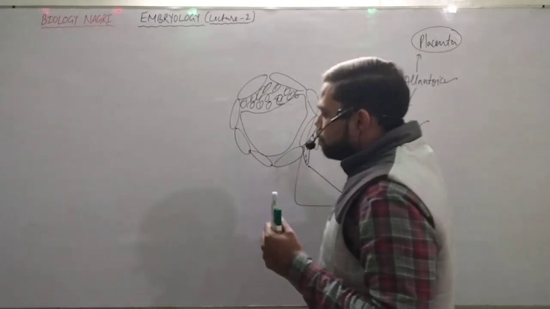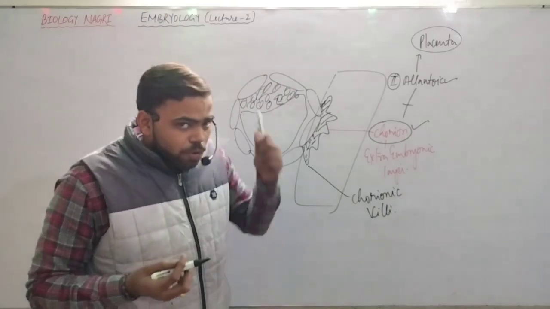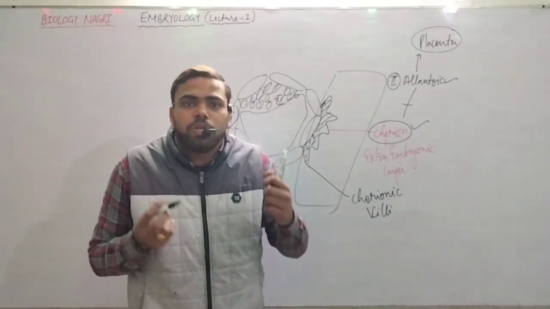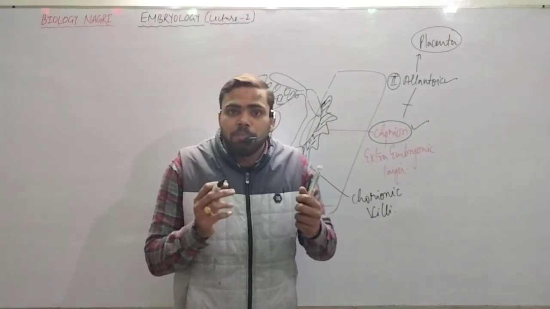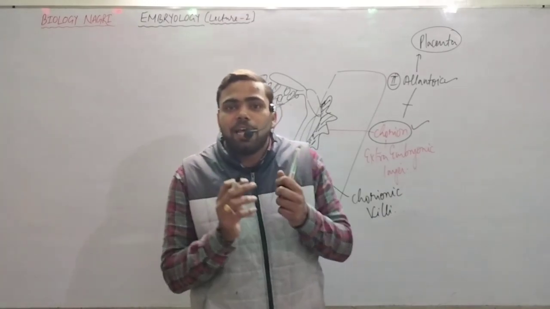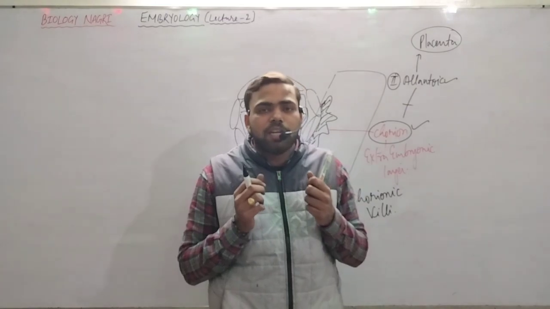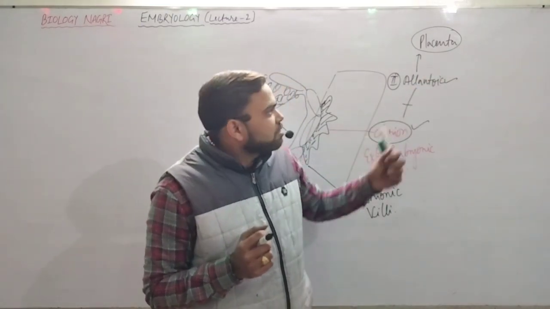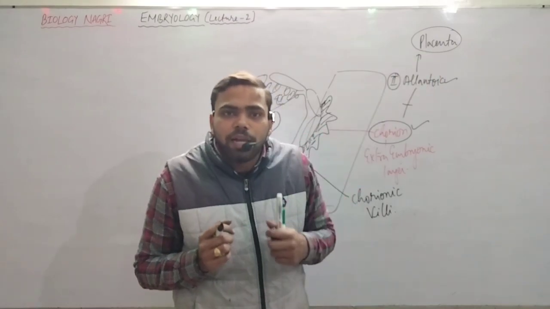That's why the human placenta, beta, is also known as chorioallantoic. Human placenta is also known as chorioallantoic because it is formed by the help of two extraembryonic layers, which are chorion and allantois.